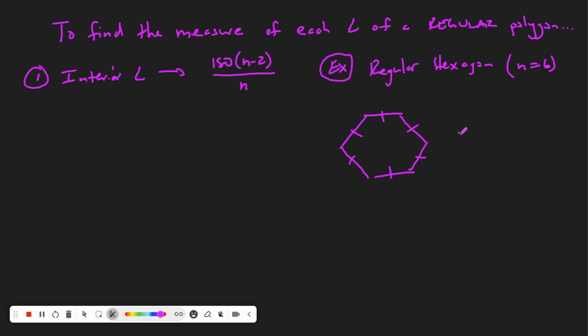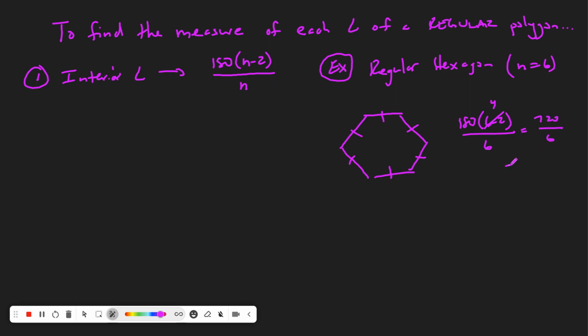So to find the measure of the interior angle, I'm going to take 180 times 6 minus 2 and divide it by 6. That's 180 times 4, which is 720. Let me double check that. 180 times 4, yep, is 720.